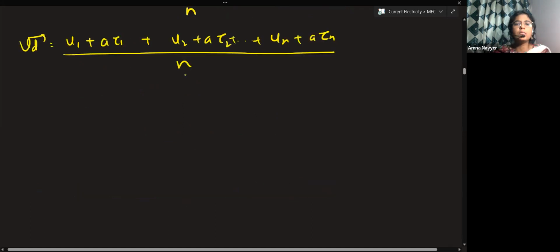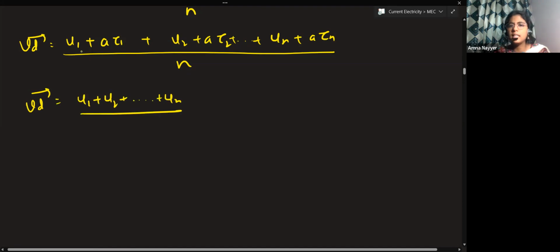Vd will be what? This will be U1 plus U2 up till Un divided by n, plus acceleration, whole acceleration, multiplied by tau 1 plus tau 2 up till tau n divided by n.